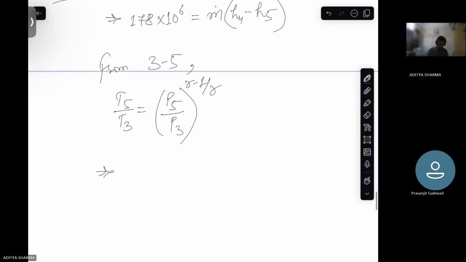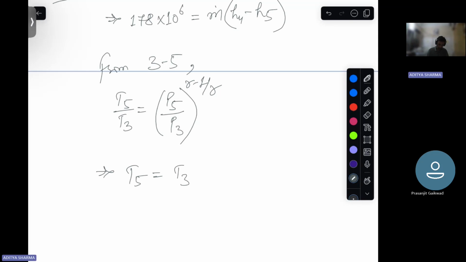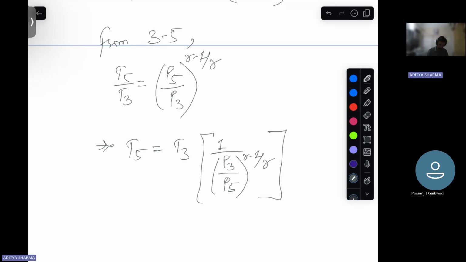So from here, this can be found out. Now P5 by P3 can be written as the inverse of P3 by P5, raised to gamma minus 1 by gamma and multiplied by this.